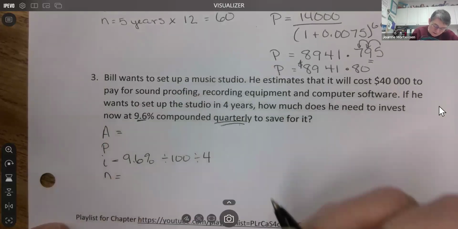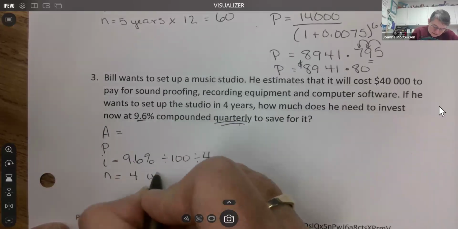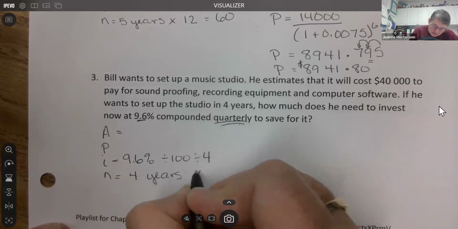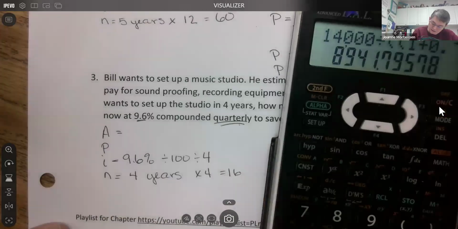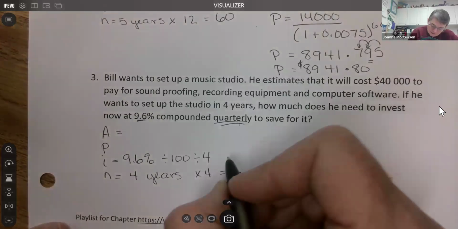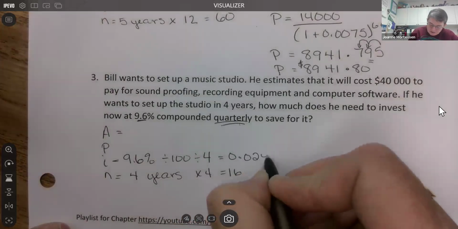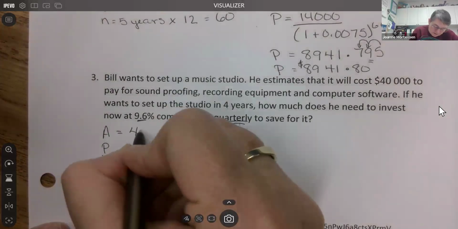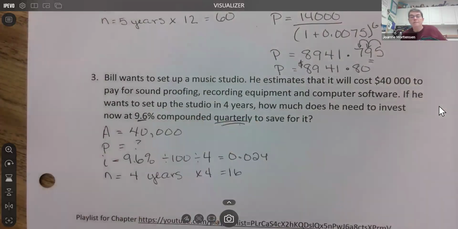So 4, and then my N is 4 years times 4. I know this is 16. 9.6 divided by 100 divided by 4 is 0.024, and 40,000 goes here. And I don't know what I have to put in now.